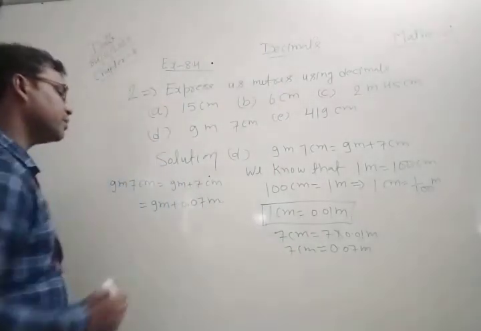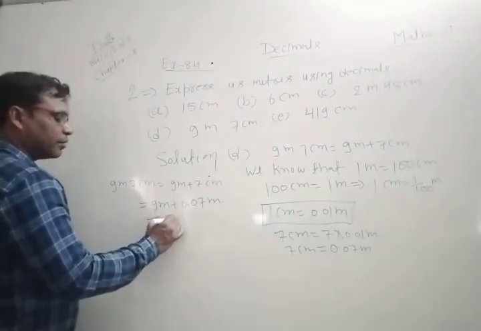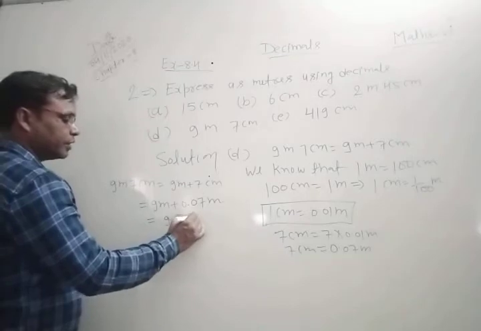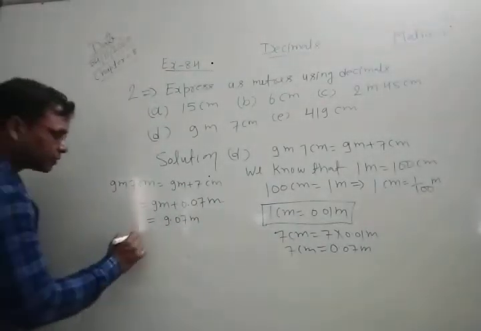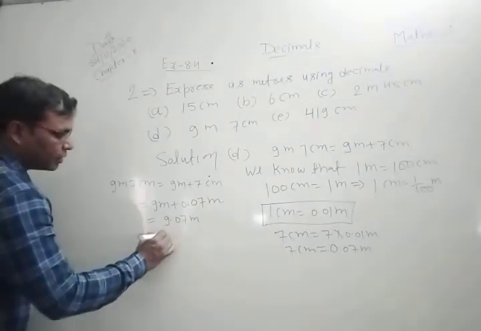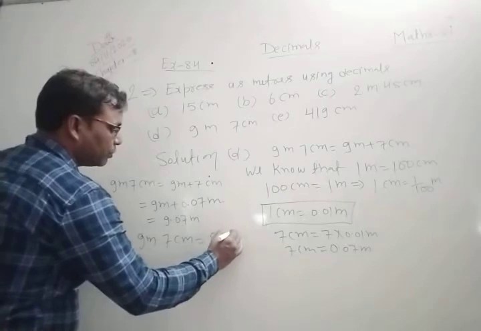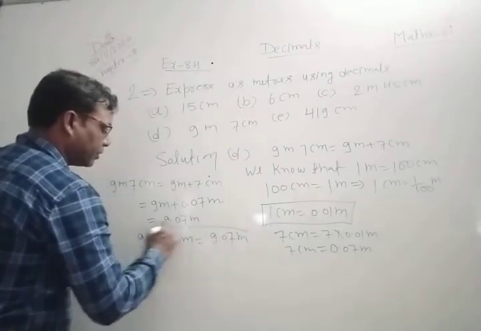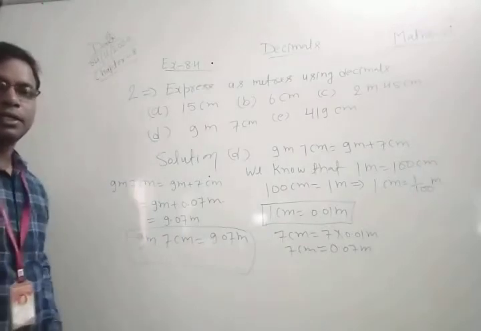When you add them, then you get 9.07 meter. Check it. So in this way you can say 9 meter 7 centimeter is equal to 9.07 meter. So student, I hope all of you understood this part.